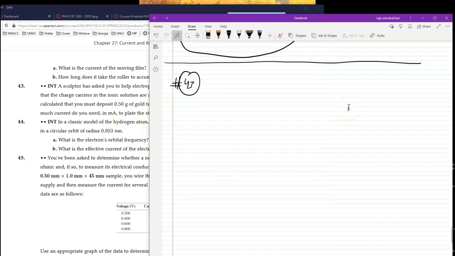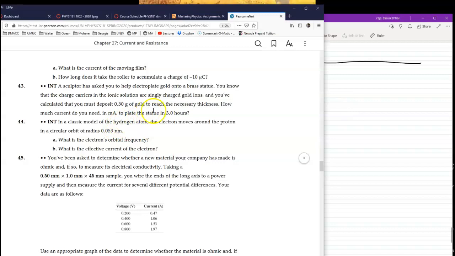Okay, so all right, let's write down what the data is. So I have the mass is 0.5 gram. You would think it's more for a statue, but anyway. And it's singly charged. So he wants the current in 3 hours.